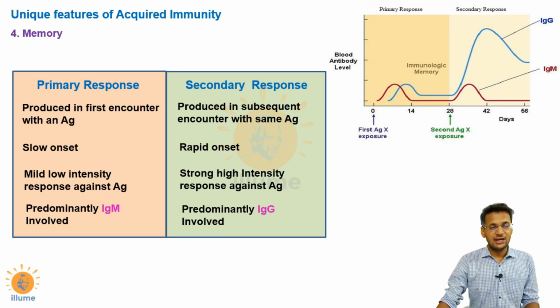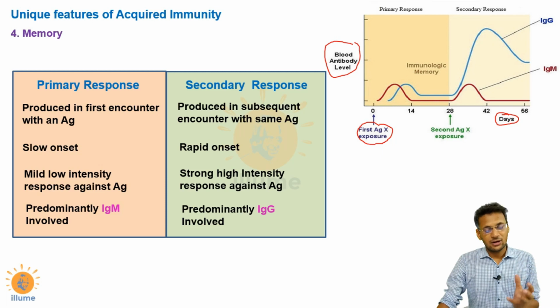In this case, see, this is a graph plotted with the blood antibody level on the y-axis and days or time on the x-axis. Now see, this is the first antigen exposure, the first time there was an antigen inside the body, and your body is producing some concentration of antibodies. This dark brown line is IgM.